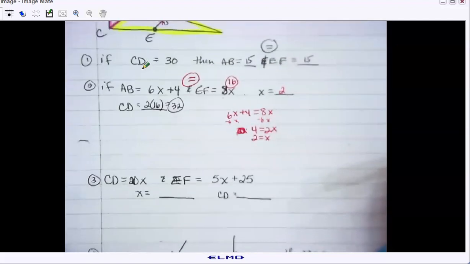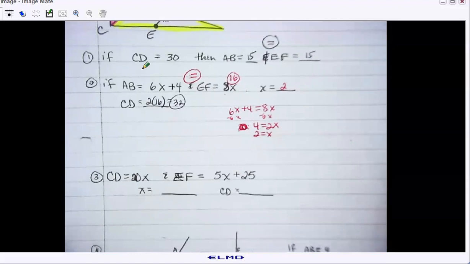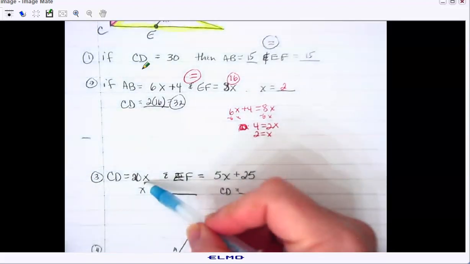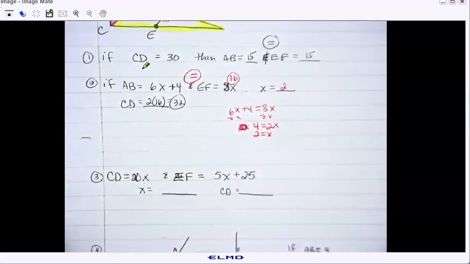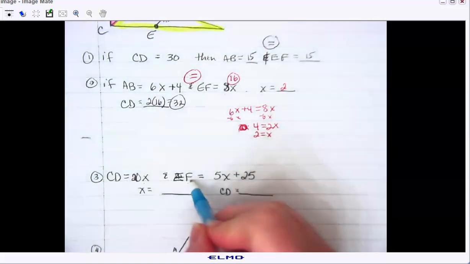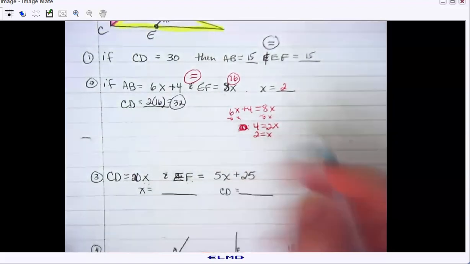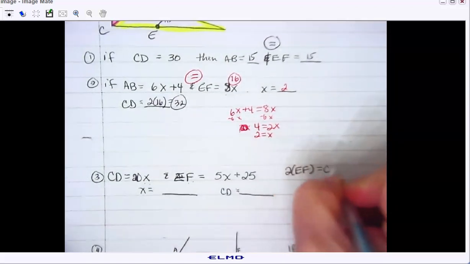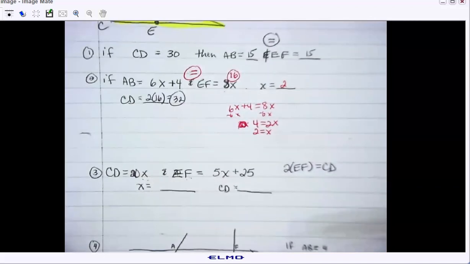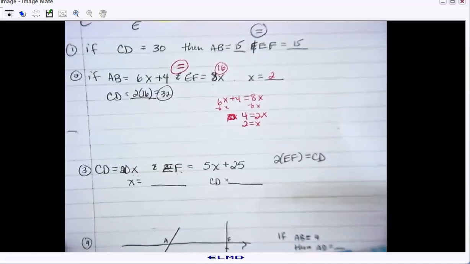So when we look at number 3, and we're given that CD is 20x and EF is 5x plus 25, well, we know the relationship between those because it takes 2 of these to equal a CD. So it takes 2 EFs to equal CD because EF is half of CD.